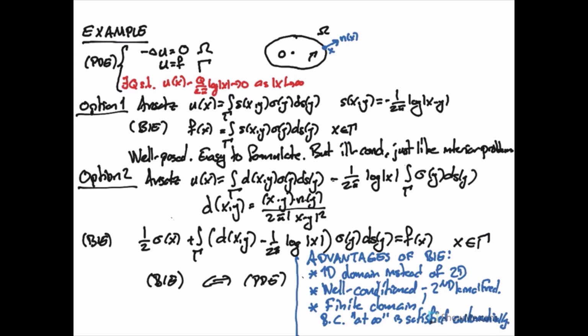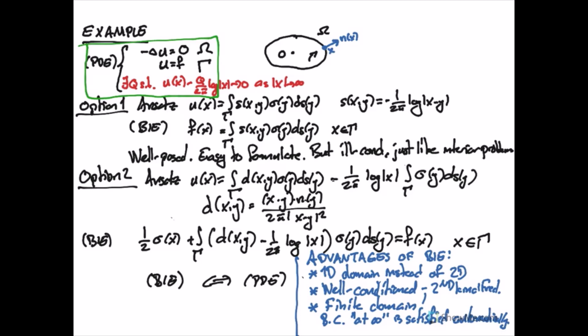And this last point is really quite important, because if you think about it, say you wanted to solve this PDE using a standard formulation, say finite elements or finite differences. Well, what would you do?